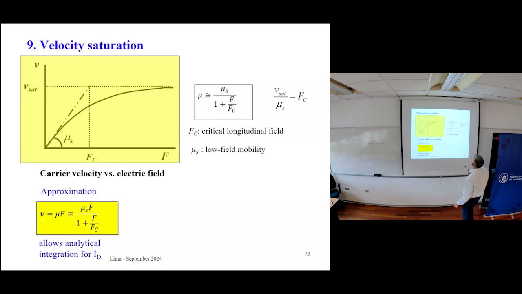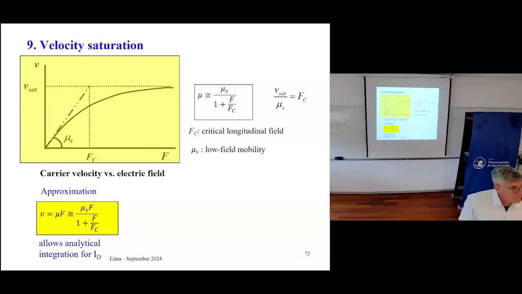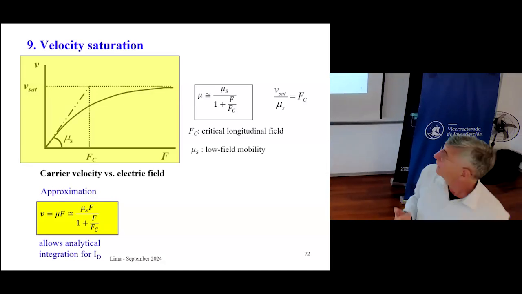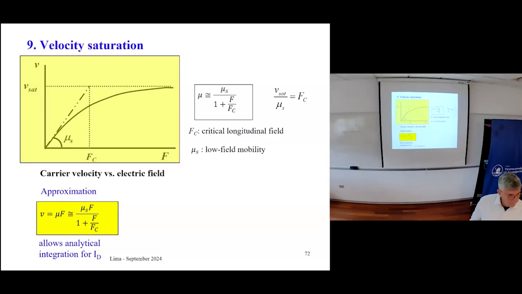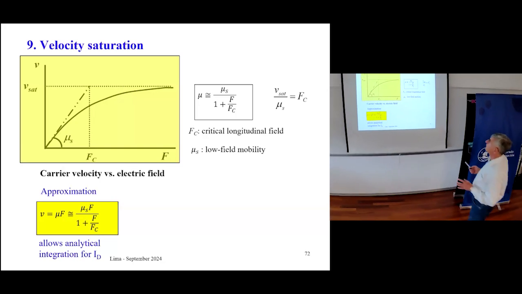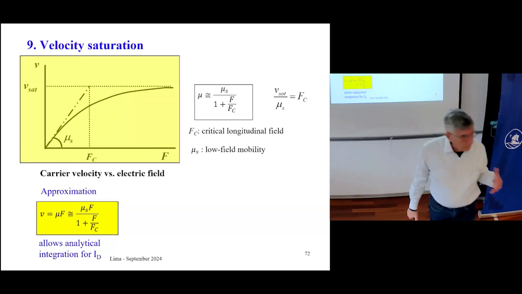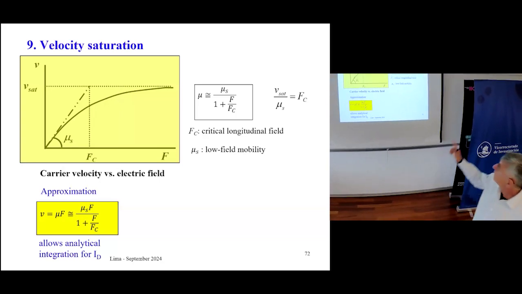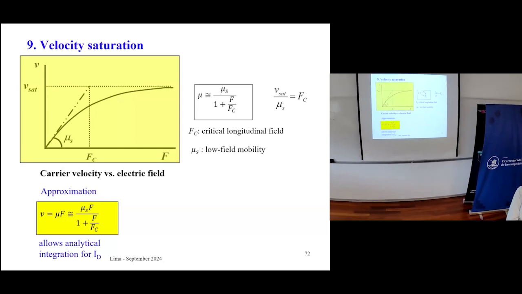And this parameter, which is called the critical field, is the relationship between this set and US. Is this very accurate? Doesn't matter, but it's an approximation. And this approximation gives us a way to reach a simplified model, including this phenomenon. So this is the reason why we are using this very simple formula to include in our model.